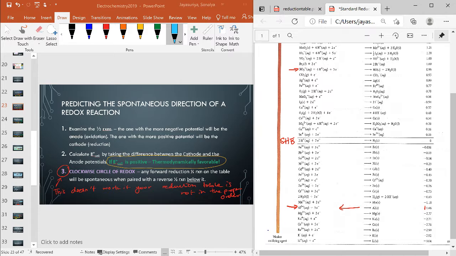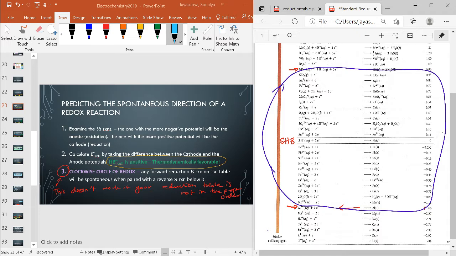So the forward half reaction on the reduction potential table has to be paired with something below it. I call it the clockwise circle of redox. So you draw your circle clockwise over the nitrate, over the aluminum.